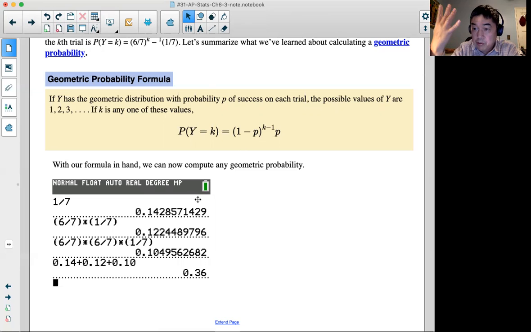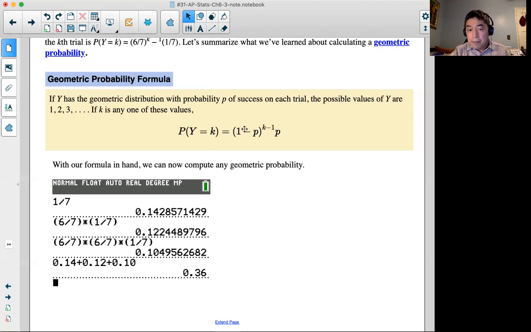If it's the fourth time, where a student picks the right day, you need 3 failures and 1 success, which is 6/7 times 6/7 times 6/7 times 1/7. So the probability becomes lower than this number.